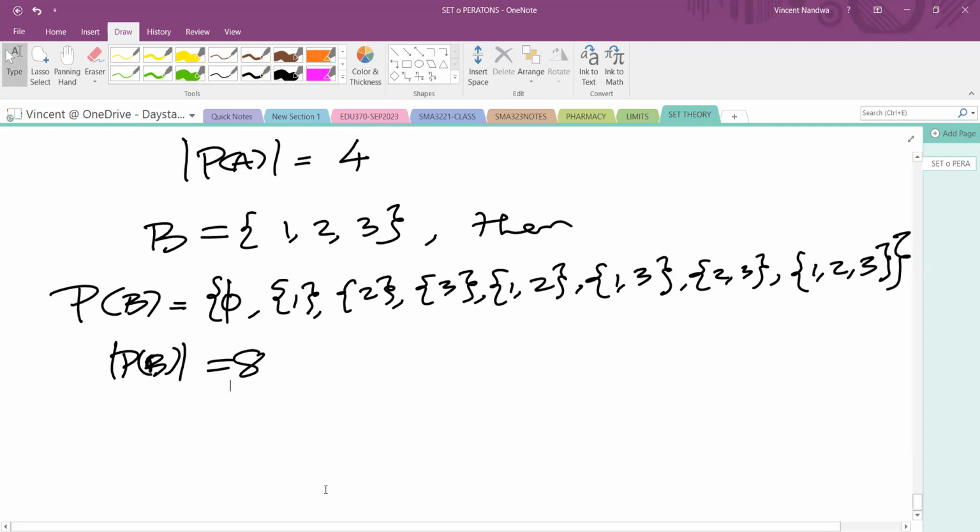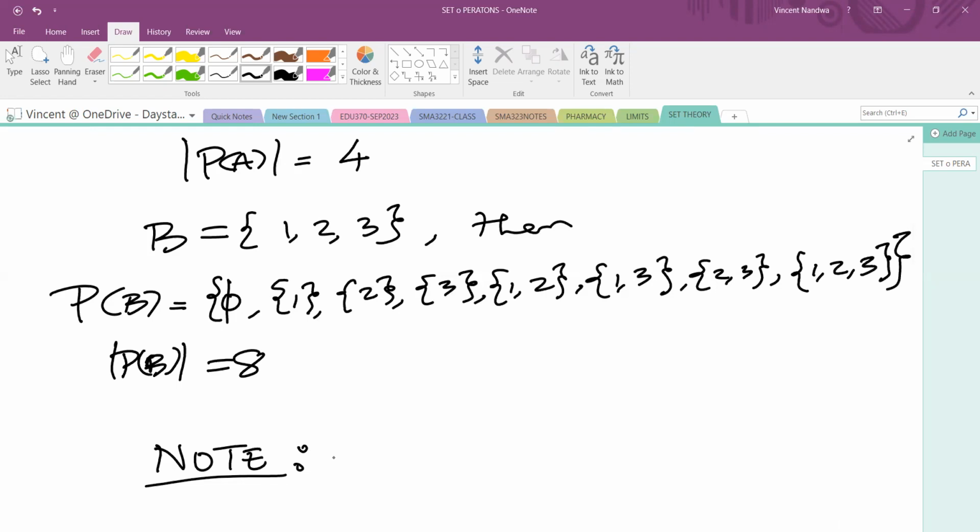And it has been proven that if you know the cardinality of the set A, then you can know the cardinality of the power set of A by this formula.